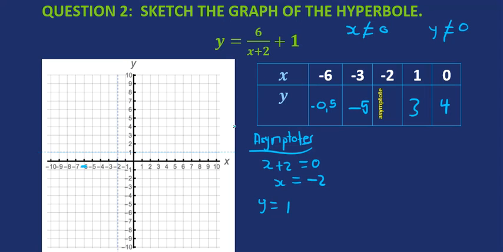So it's that point over there. -3 and -5 is this point over here. And to the right, we've got 1 and 3, and 0 and 4.